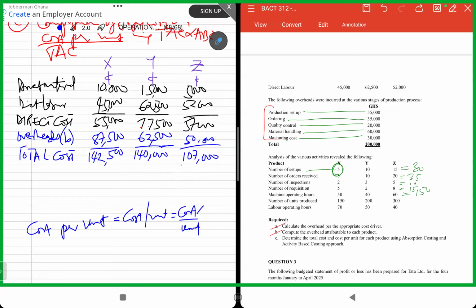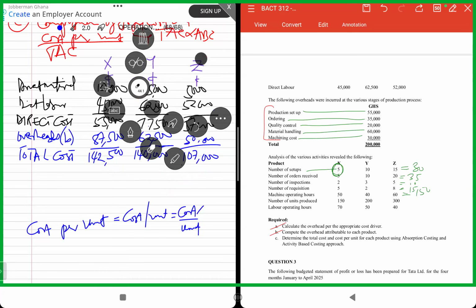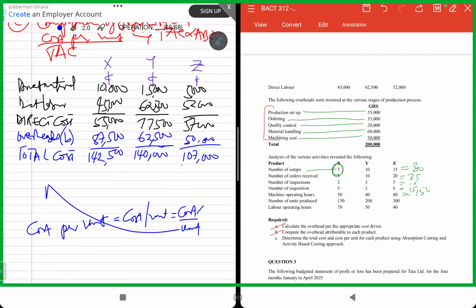Do you see me writing anything like units there? No. You go and bring the units and attach it to the costs. So the cost and the units, what's their relationship? They are dividing, right? Yeah. So divided by the units.